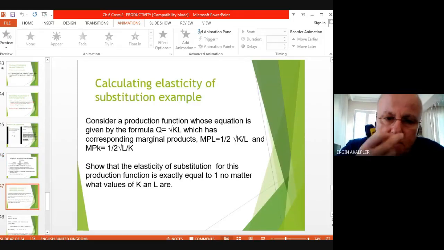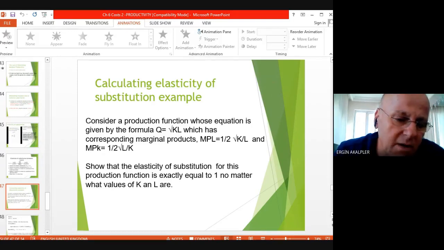Calculating the elasticity of substitution, for example: consider a production function given by the formula Q equals the square root of capital times labor, which has a corresponding marginal productivity of labor of 1 over 2, that is 0.5 times the square root of K over L, and a marginal productivity of capital of 0.5 times the square root of L over K. Show that the elasticity of substitution for this production function is exactly equal to 1, no matter what the values of K and L are.